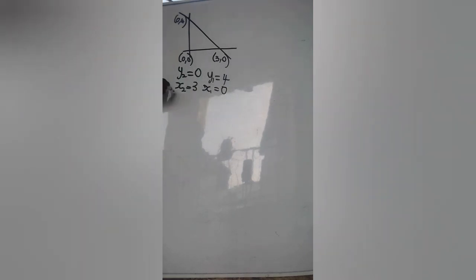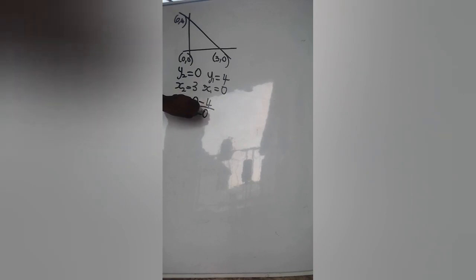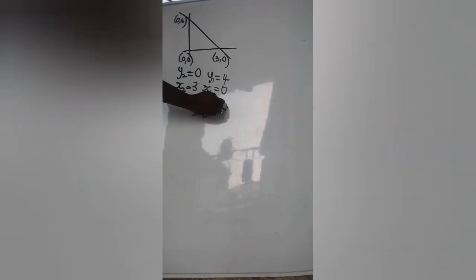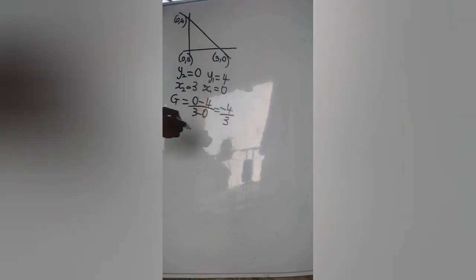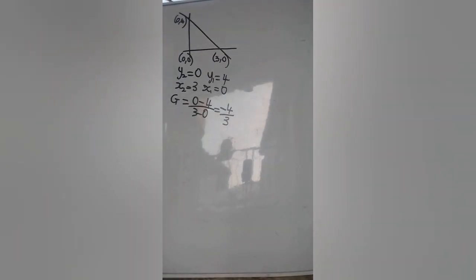So our gradient will be equal to 0 minus 4 over 3 minus 0, which is equal to minus 4 over 3. So this is the gradient.